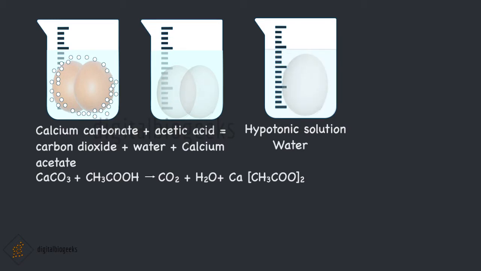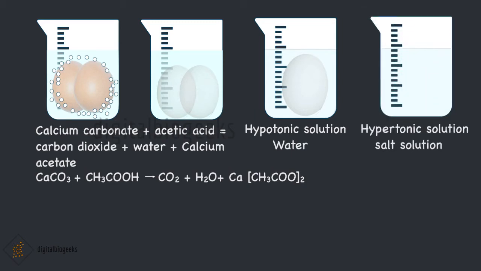Then place another egg in hypertonic solution. We can prepare a hypertonic solution by adding more salt into water. Then the solute concentration is high and water concentration is low. The water concentration is low outside and water concentration is high inside the egg.